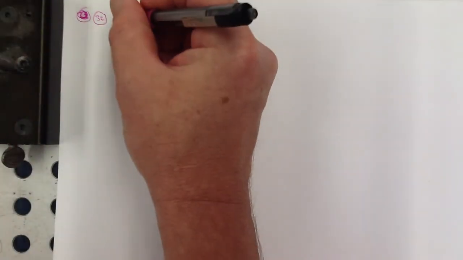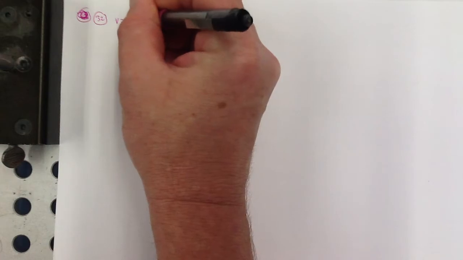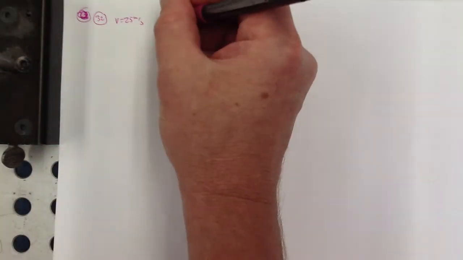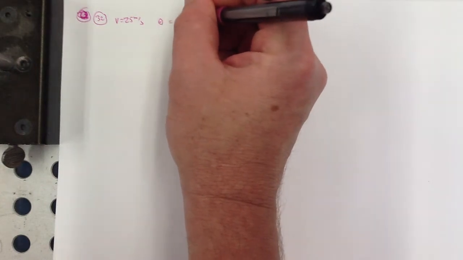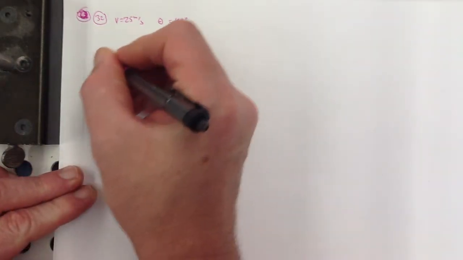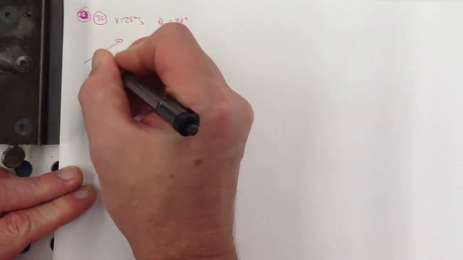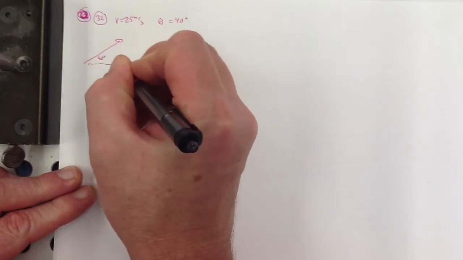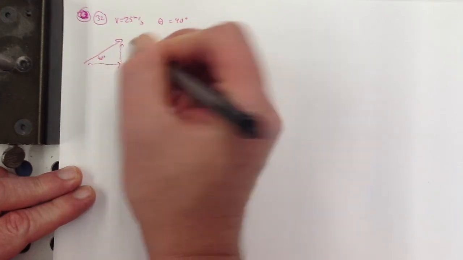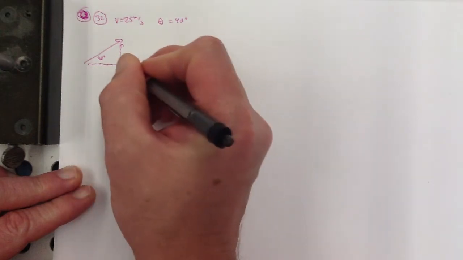You throw a ball toward a wall at a speed of 25 meters per second and an angle of 40 degrees. So we're going to have to break this into its components. Sorry, those squiggly lines are supposed to be dotted lines.